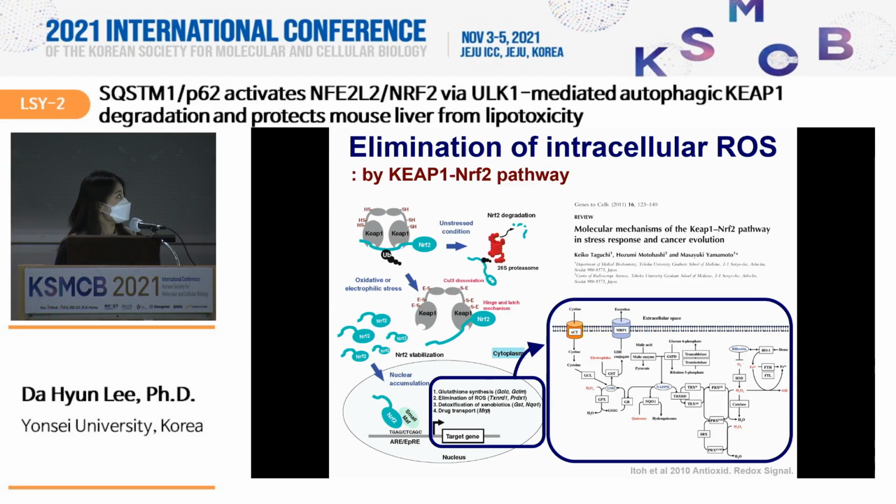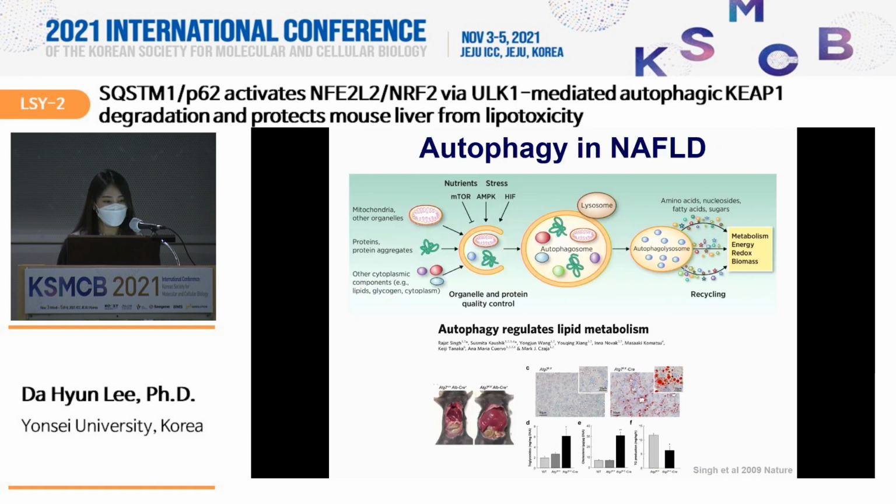To eliminate intracellular ROS, there is the KEAP1-NRF2 pathway that has a cellular antioxidant function. Also, autophagy has many beneficial functions to prevent NAFLD.